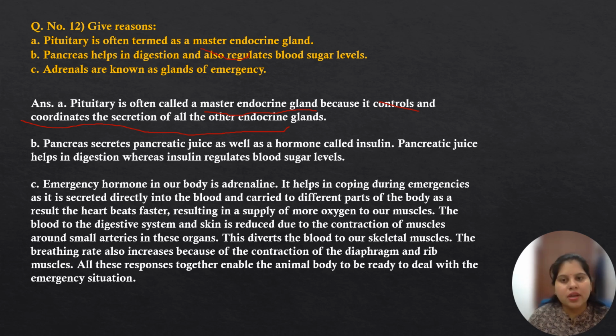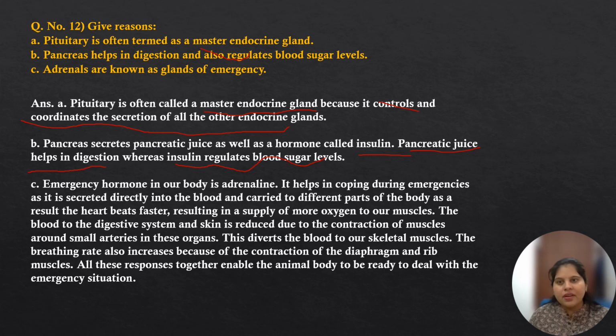That hormone is insulin. So pancreas secretes pancreatic juice as well as hormones like insulin. Pancreatic juice helps in digestion, while insulin regulates the blood sugar level.